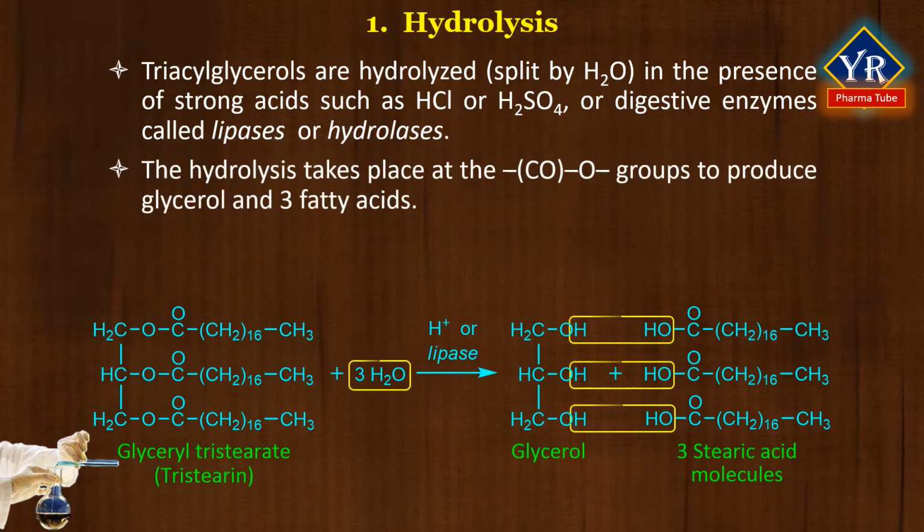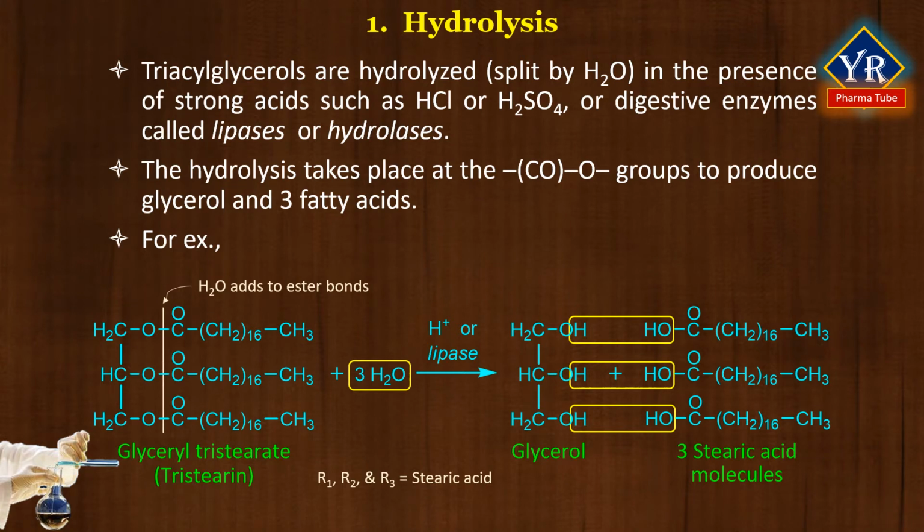The hydrolysis takes place at the ester groups to produce glycerol and 3 fatty acids. For example, the compound glyceryl tristearate, also known as tristearine, shown in the reaction, is a simple lipid because all the fatty acid molecules connected to the glycerol skeleton of the fat via an ester group are identical, that is stearic acid.